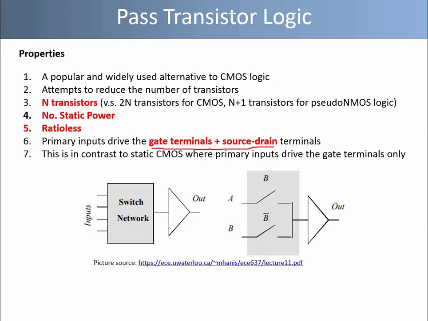This is in contrast to static CMOS design where the primary inputs only drive the gate terminals of pull up and pull down transistors. So this is a general construction of a pass transistor logic gate.